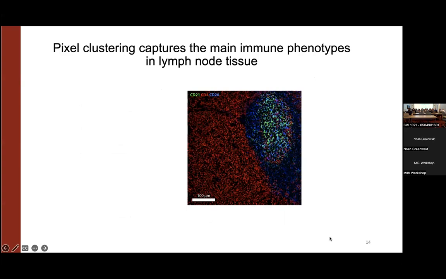The blue is CD20, which denotes B cells, and that's the B cell zone. And in green is CD21, which is follicular dendritic cells, so that's usually the germinal center. So as you can see here, it's very structured tissue. Lymph nodes also contain a lot of cells that are difficult to segment, such as follicular dendritic cells or macrophages. And so using pixel clustering, we're able to look at a lot of those kinds of features.